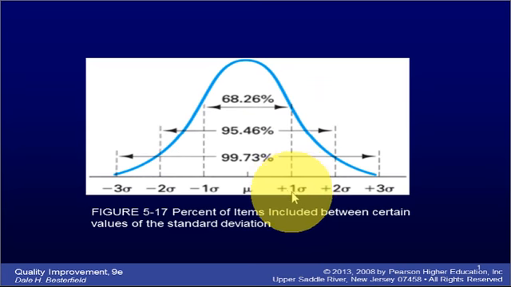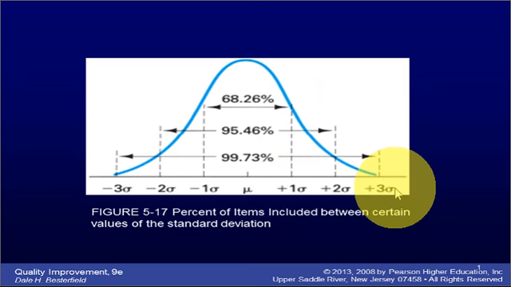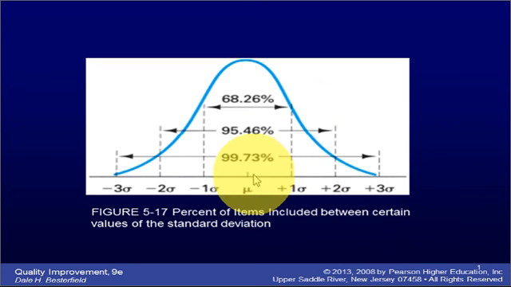So 1 sigma, 2 sigma, 3 sigma stand for the dispersion of the data point from the mean. And these percentages hold true for all normal distributions.